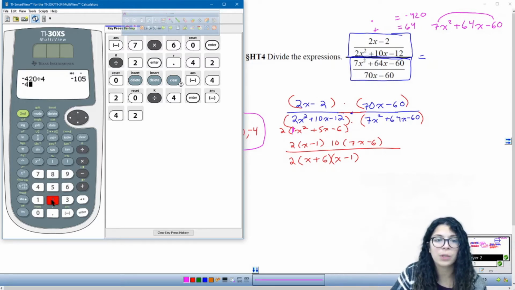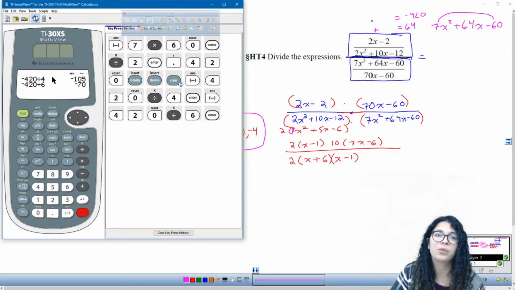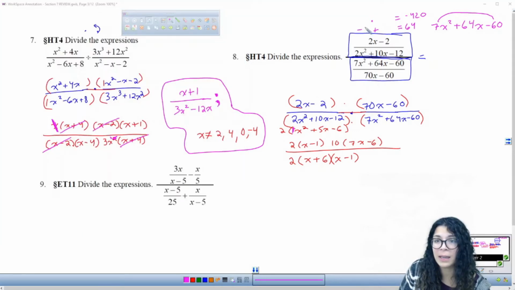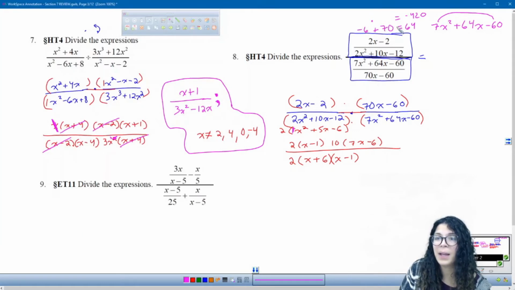You want to try sequentially, try 5, and then try 6. Once you finally get to 6, you see that 6 and negative 70 would add to negative 64, so we want to make the 6 be the negative and the 70 be the positive. That way we add to positive 64.